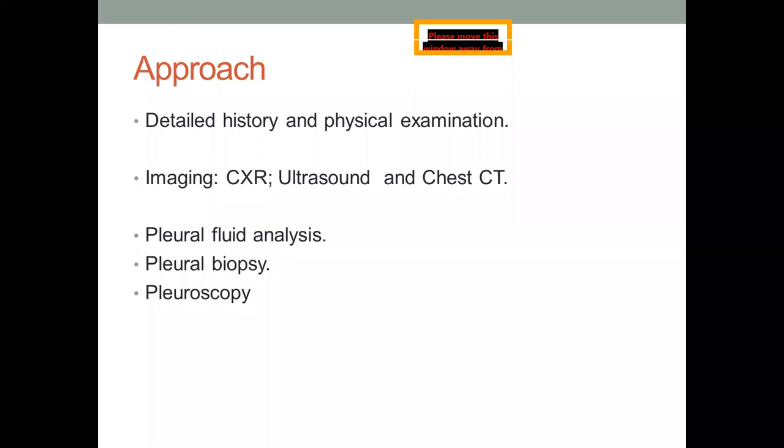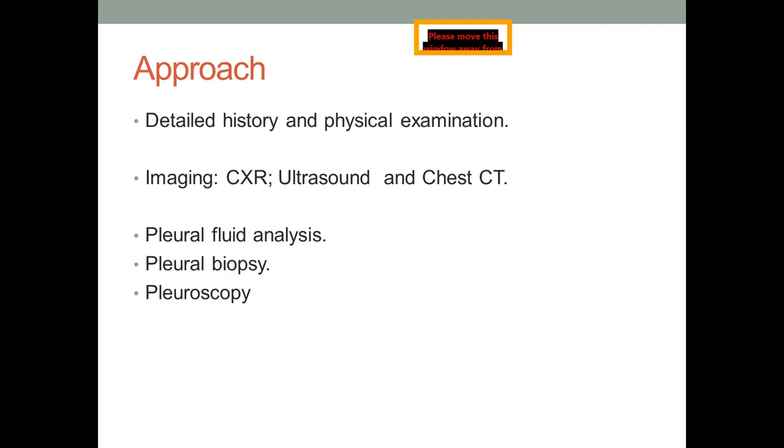Okay, what will be our approach towards the pleural diseases? The detailed history is important, and then physical examination is also important to know the site of the pleural disease, on which side pleural disease is present, on right side or left side, and what is the extent of pleural disease.